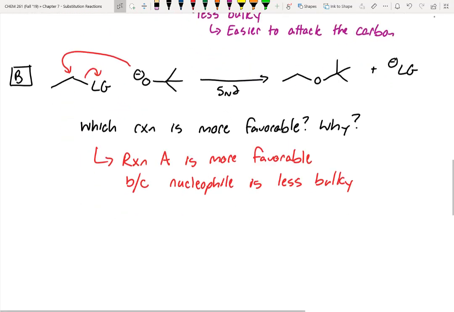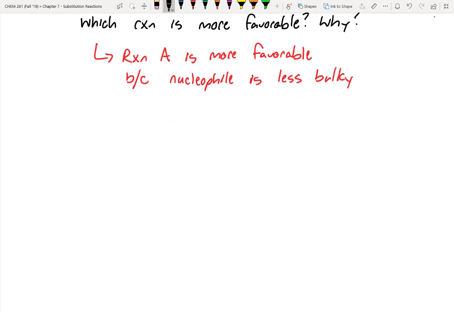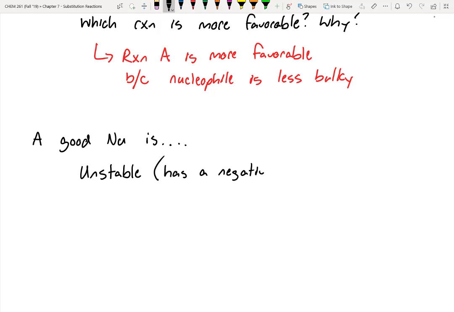A good nucleophile is something that is unstable. So let's make a note. Another way of saying this is it has a negative charge without much stabilization.